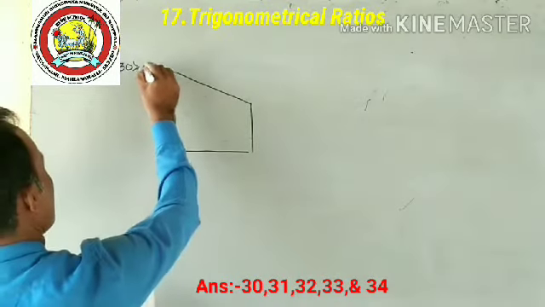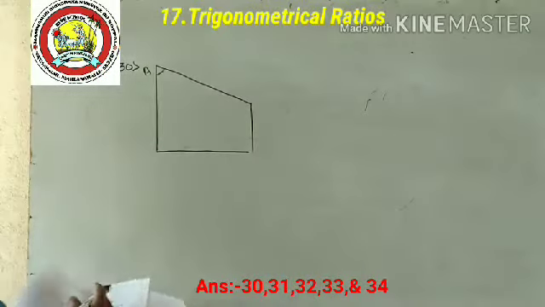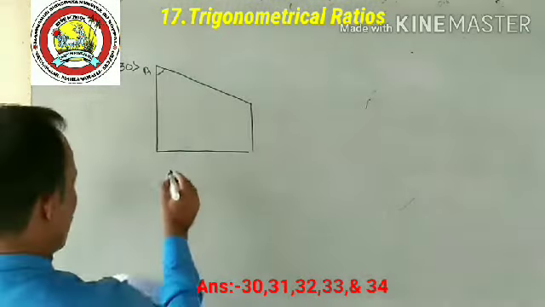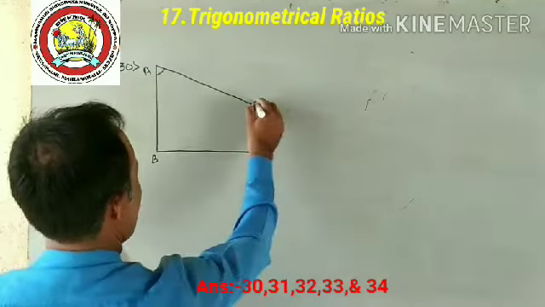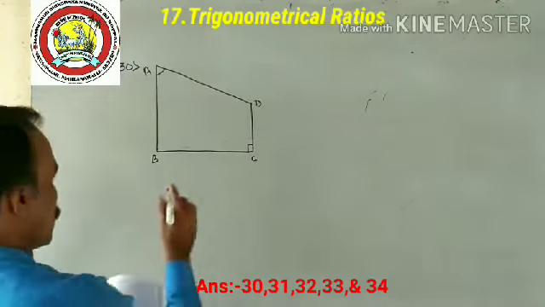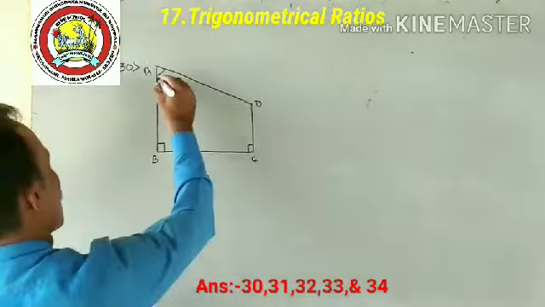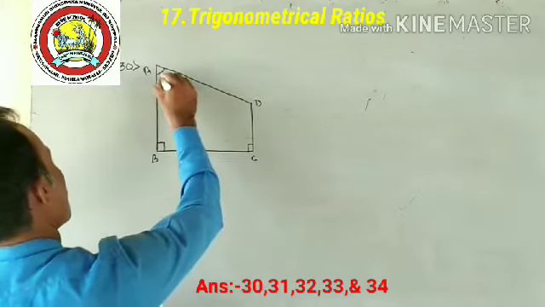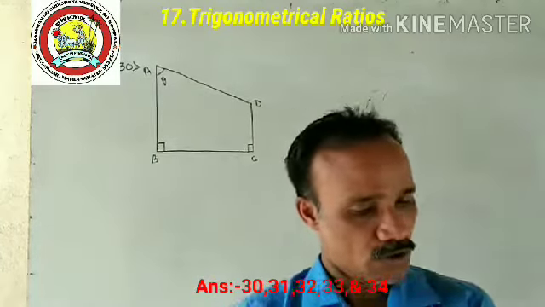A is here, acute angle. Next B, C and D. So right angle at C and right angle at B. Angle A is considered as theta.